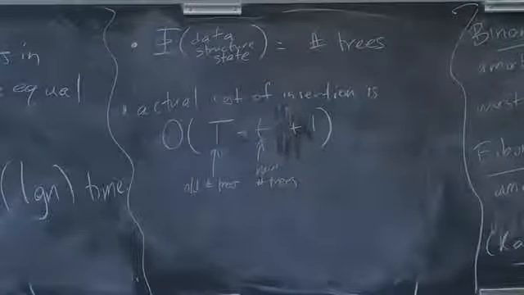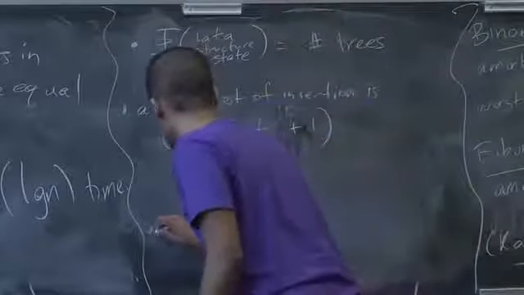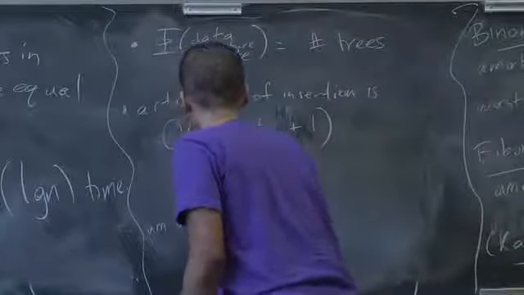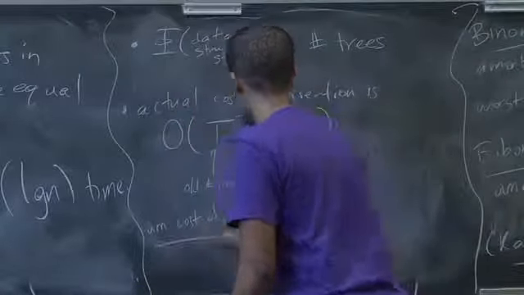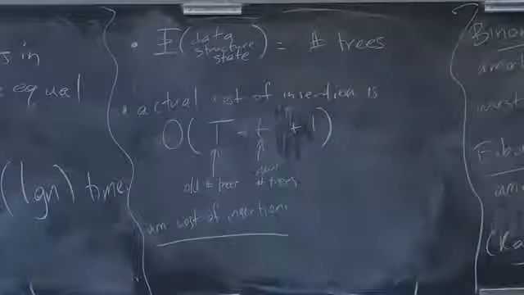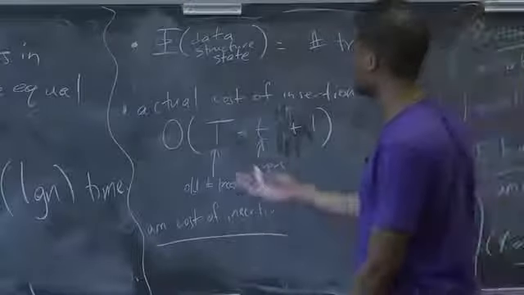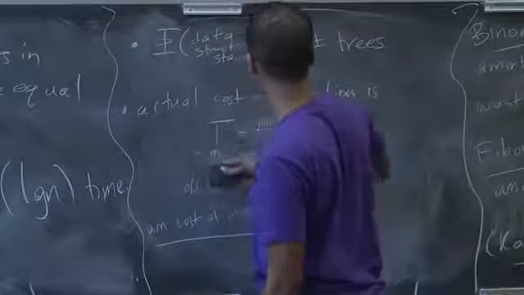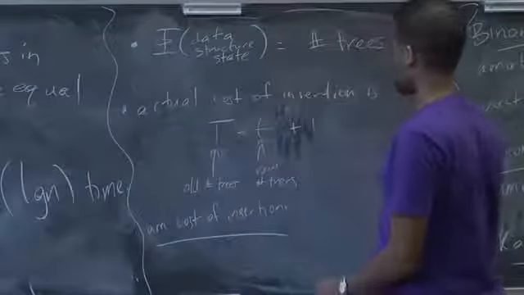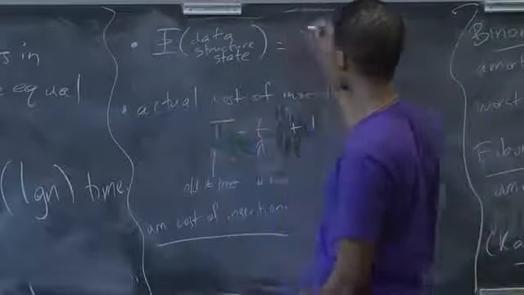Okay. And now let's look at the cost of an insertion. Remember what I said it is: the actual cost plus the potential difference. Let me ignore the big O for now. There's some constant times this, so I could put a constant on the outside and then put the same constant there.